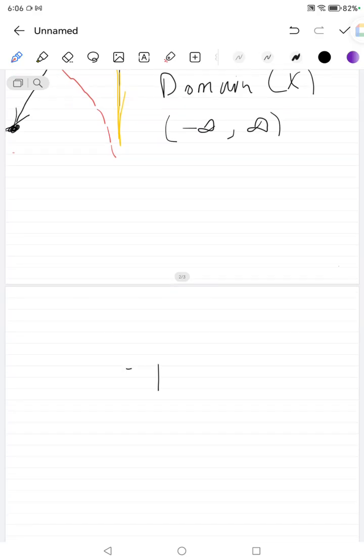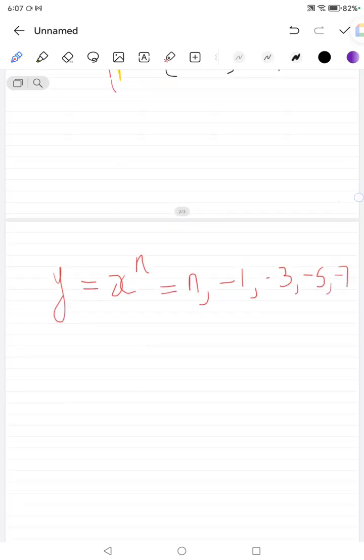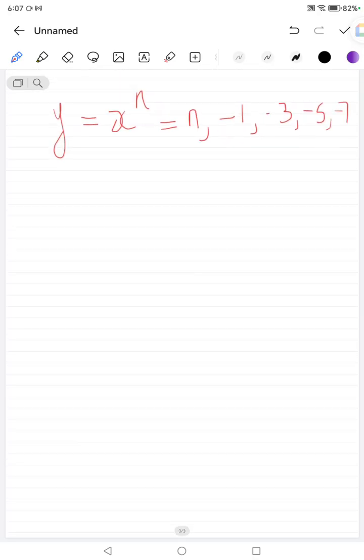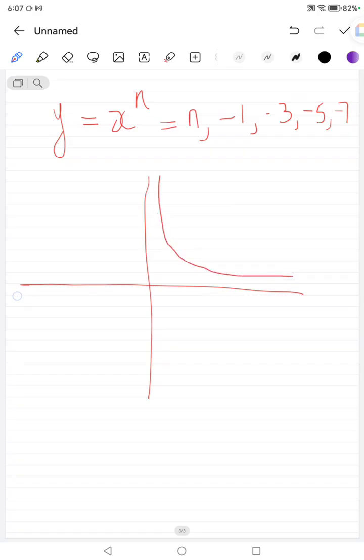So if I'm going to get something like y is equal to x to the exponent n, it now means my n is going to be negative. I'm going to have something like my -1, my -3, my -5, my -7. So how is that graph going to look? It's going to look like the one I've drawn. It's going to be something like this, also something like that.